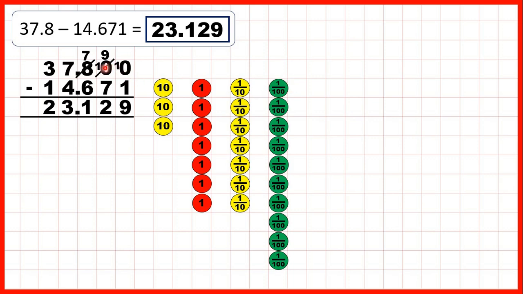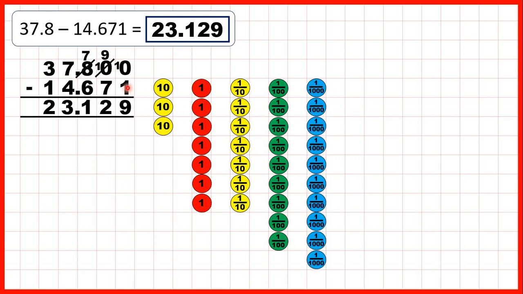Then we took one of those hundredths and exchanged it for 10 thousandths, so we can take a hundredth counter, and that's the same value as 10 thousandths. So now we can take 1 thousandth away to leave us with 9 thousandths.